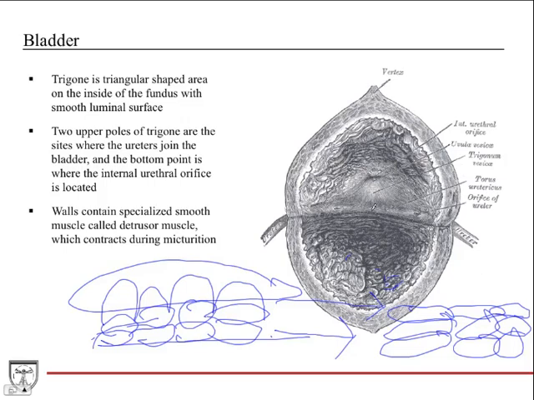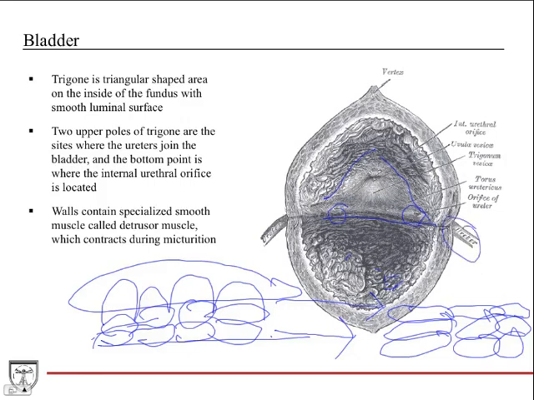So what you have here is the trigone area, shaped like a triangle. This part is significant because it's nice and smooth. You can tell here that the luminal surface is very smooth. It helps facilitate flow of urine, because the two ends of the trigone are where the ureters come in.